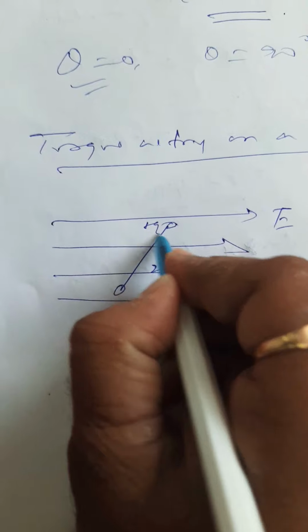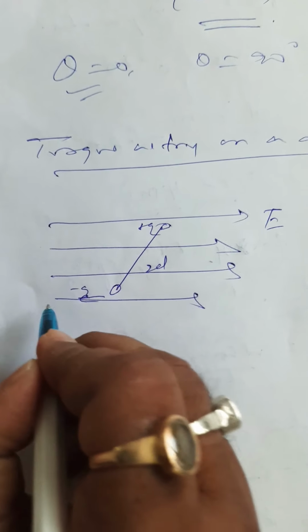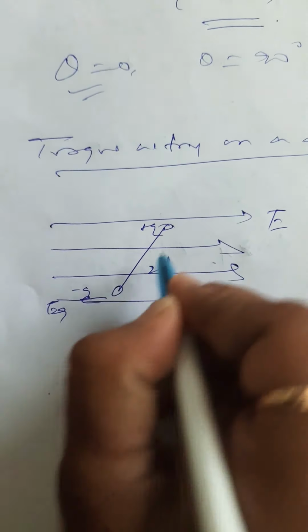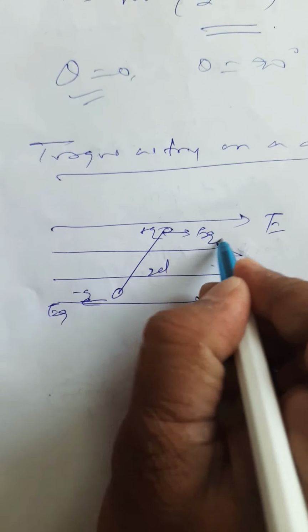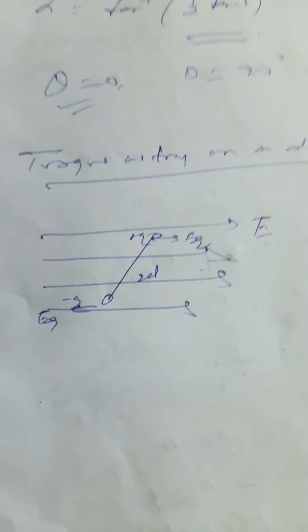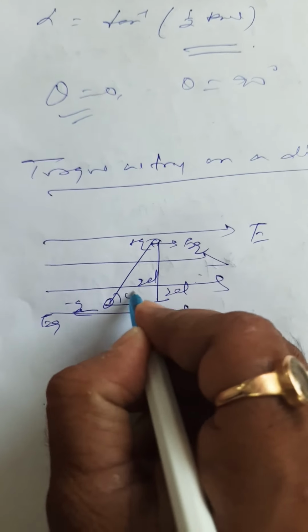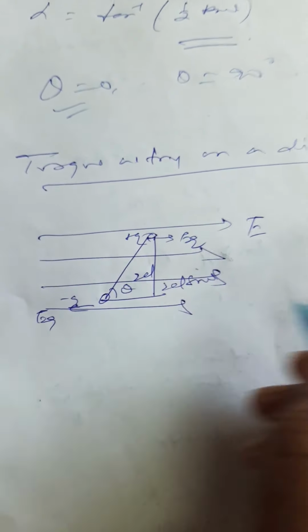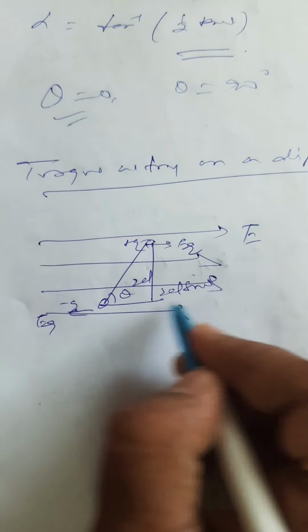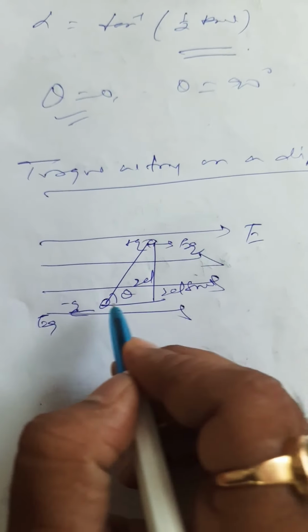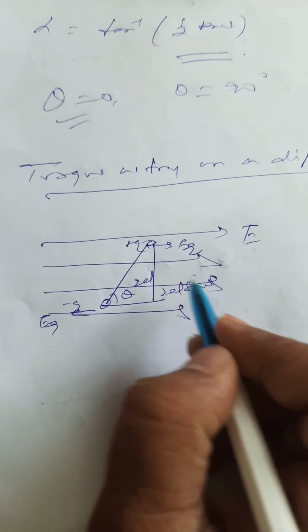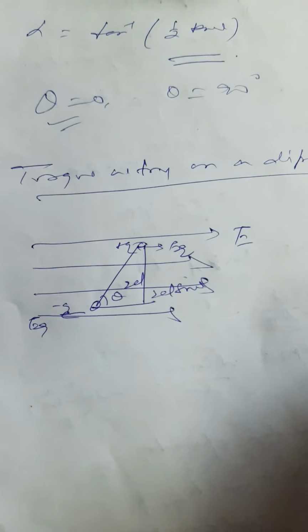Okay, this is plus q and this is minus q. The force acting on it will be along this direction and this will be along this direction. So the perpendicular distance is 2d sine theta, where this is theta. So this dipole is inclined, making an angle theta with the direction of the field.